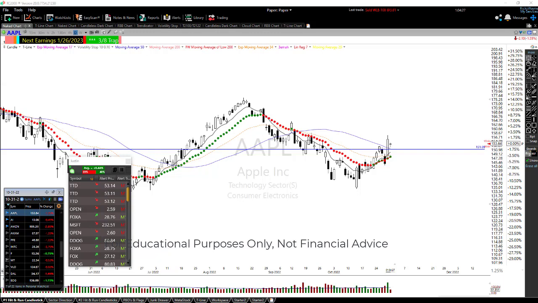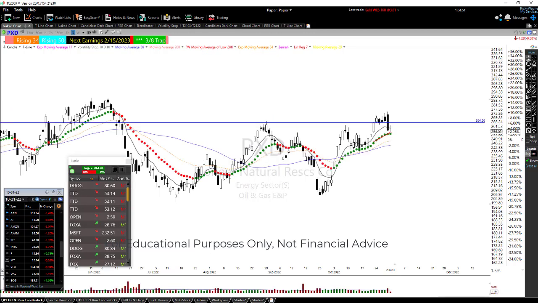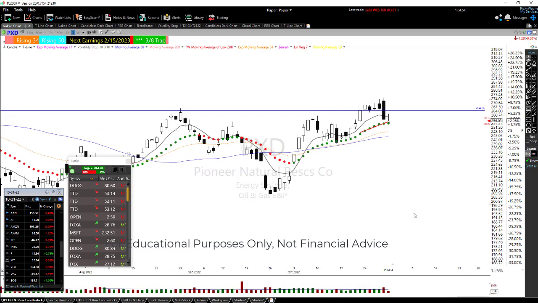So that's where I may do a little show and tell with static charts on a PowerPoint, but we can switch to live charts. And that's because I have the confidence in the scanner. I have the confidence that I can look at a chart or look at the scanner, and if it's giving me a chart like PXD, I can tell you that it's a 3/8 trap.